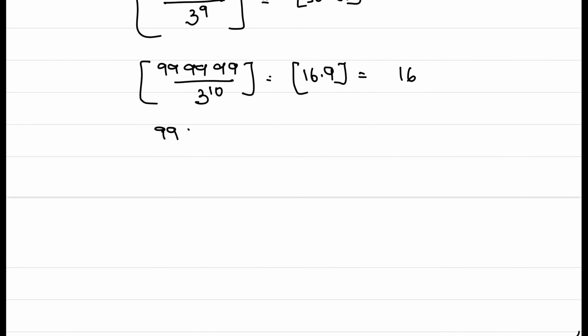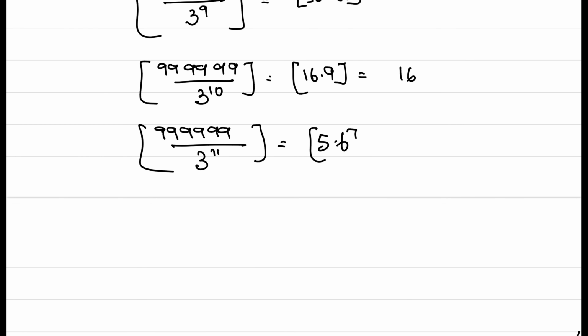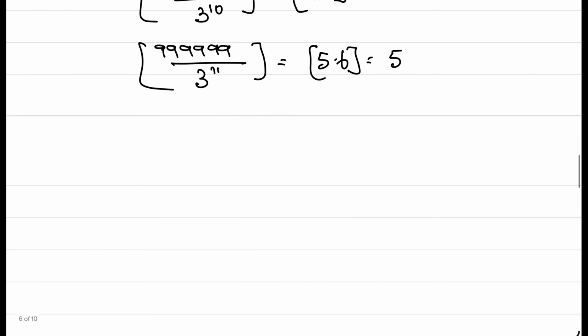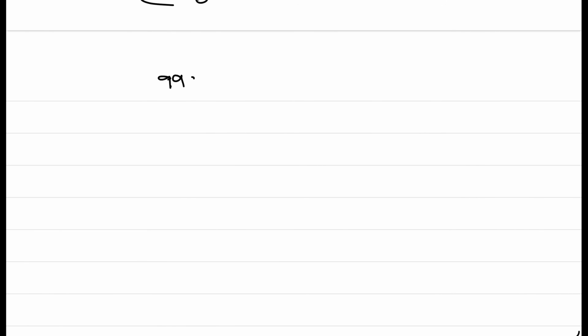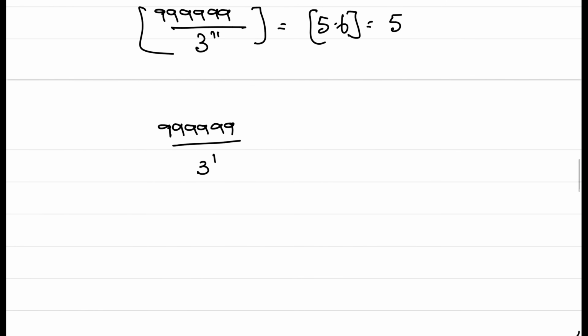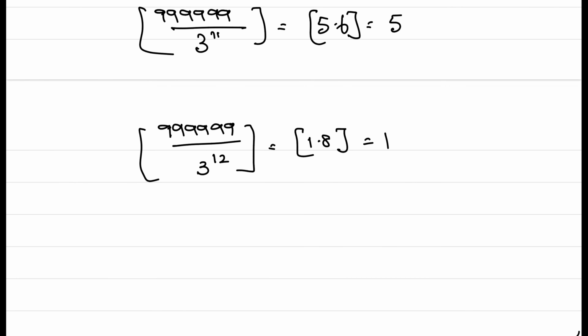Then 999999 by 3 to the power of 11 is equal to 5.6 greatest integer, that is equal to 5. Then 999999 by 3 to the power of 12 greatest integer is equal to 1.8, that is equal to 1.